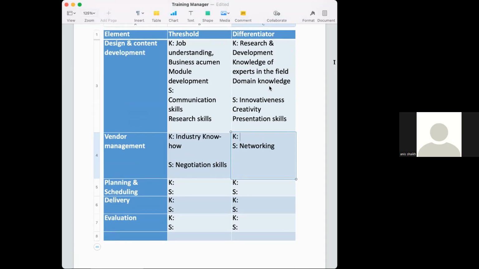So how to put it in there? Industry knowledge, what do we say for that? Cross functional, not cross functional. Difficult. Vendor management: mobilize the vendors, or cost effective, you can say. That will definitely differentiate.